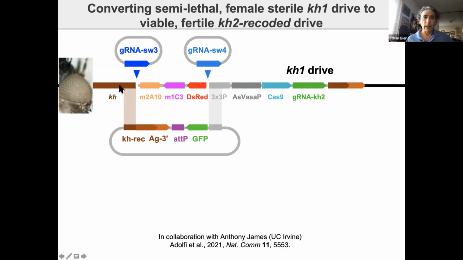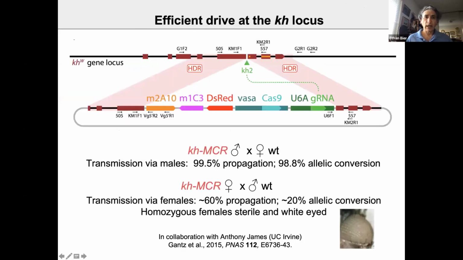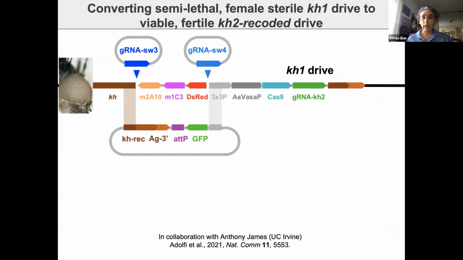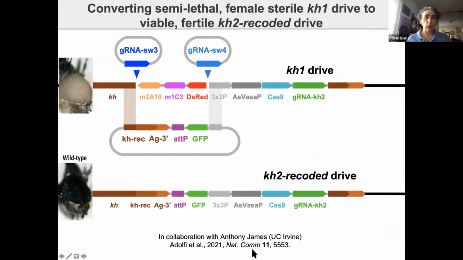And when you do, now the gene drive, which in the original construct disrupted the function of the gene and caused a wide-eyed phenotype and sterility actually in females, was now capable of having a recoded version in there instead. And with the recoded version, you got wild type function.